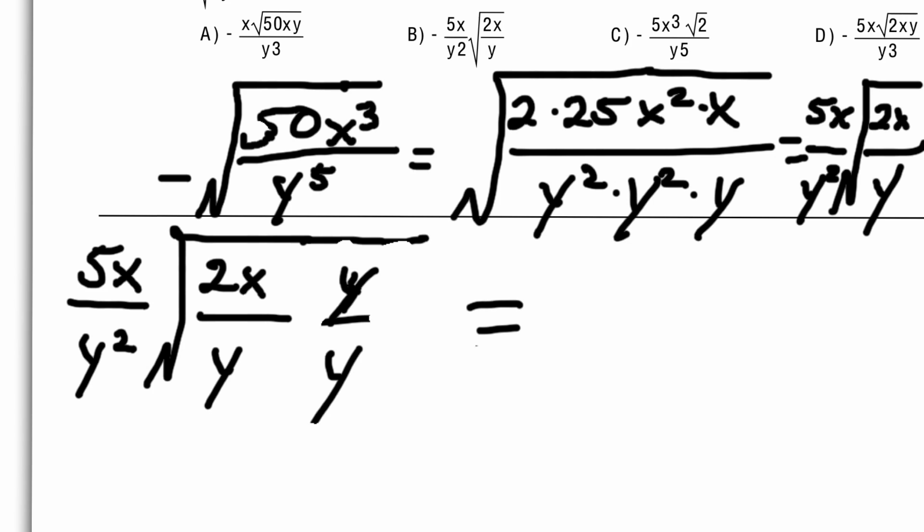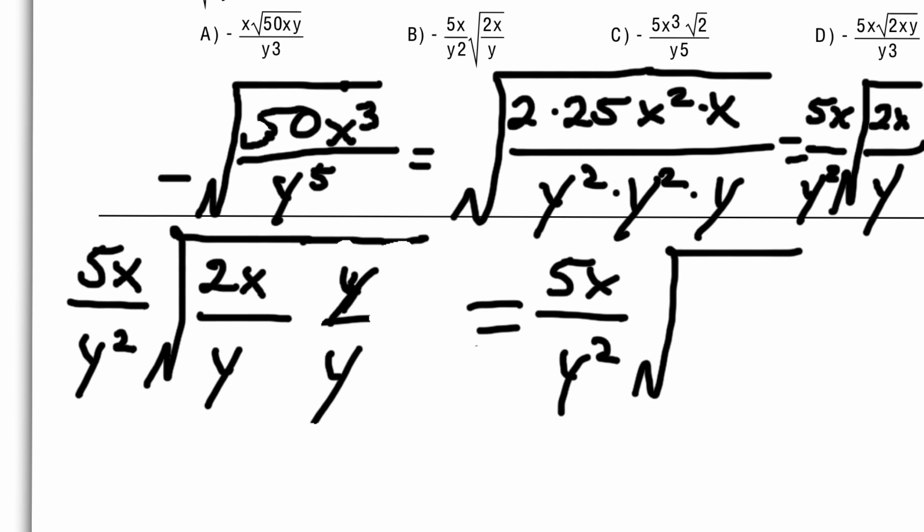So this equals 5x divided by y squared times the square root of 2xy divided by y squared. Okay, so now we can get the y squared out of the radical, but it's still going to be the denominator.